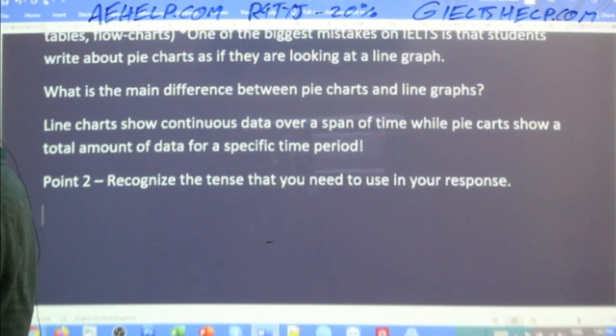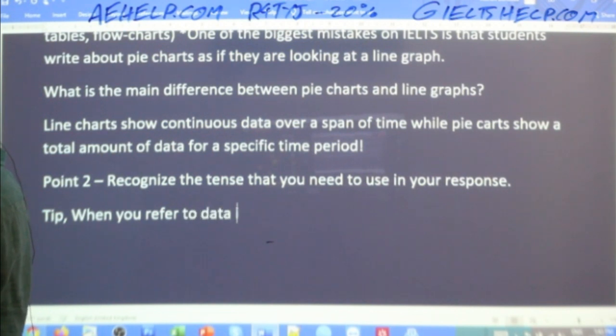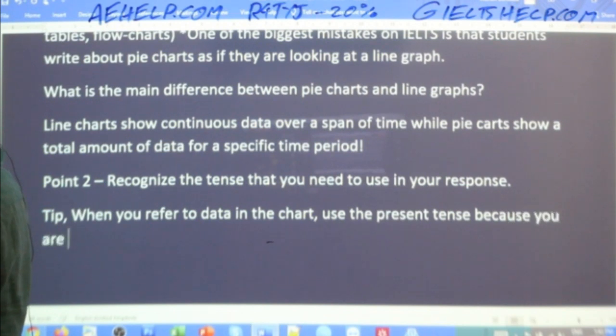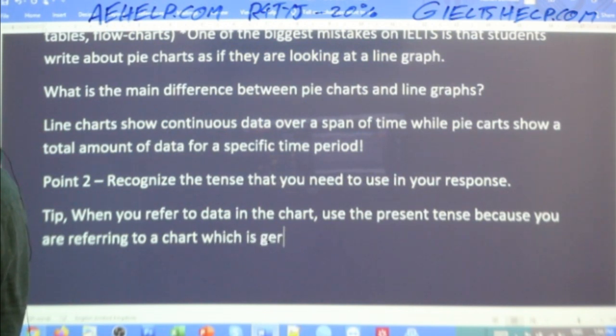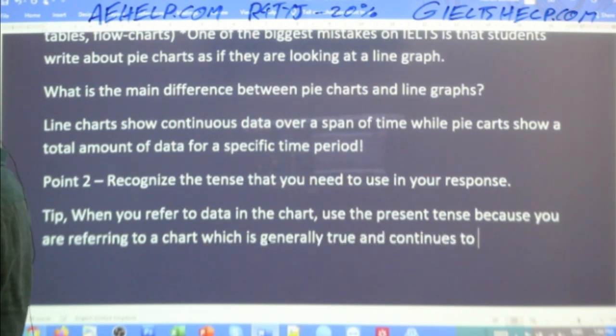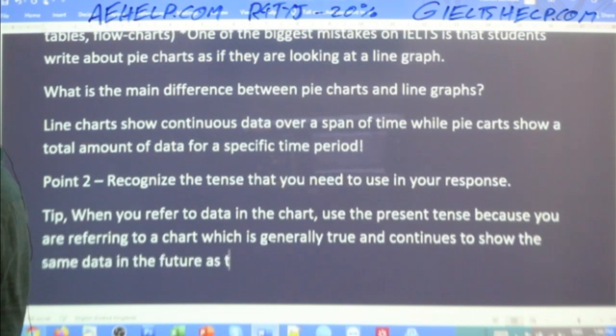Okay, now here's a little bit of a tip. When you refer to data in the chart, use the present tense because you are referring to a chart which is generally true and continues to show the same data in the future as the past.